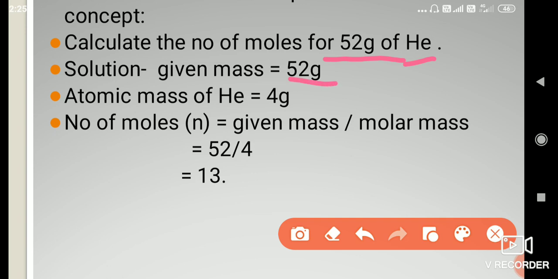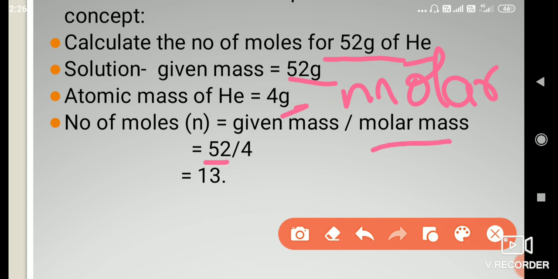The atomic mass of helium, or you can consider the molar mass, because the mass of 1 mole in gram is considered the molar mass. Here it has been given in gram, so the molar mass of helium is 4 gram. The given mass is 52 and the molar mass is 4, so when we divide, we get 13. So the number of moles is equal to 13.